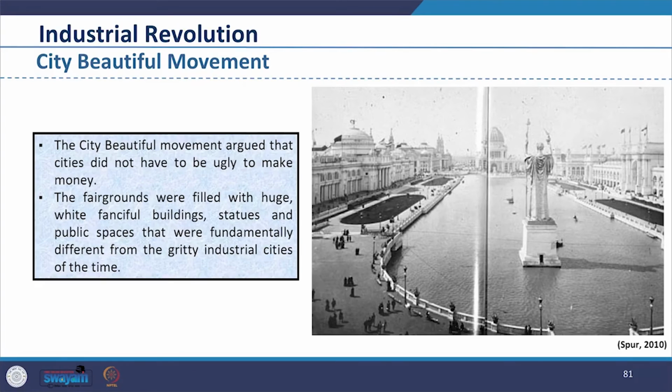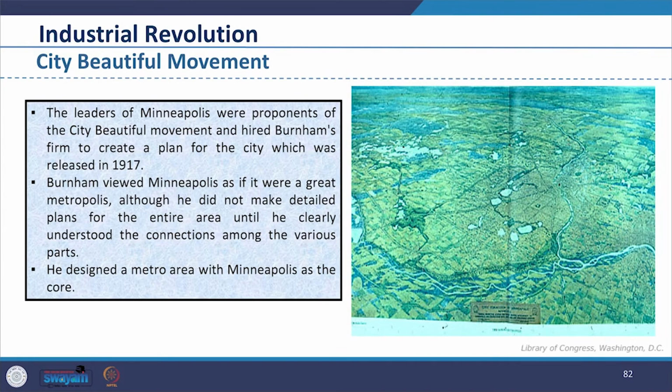The City Beautiful movement argued that cities did not have to be ugly to make money, like we have been seeing in the Industrial Revolution time. The fairground was filled with huge white fanciful buildings, statues and public spaces that were fundamentally different from the gritty industrial cities of the time.